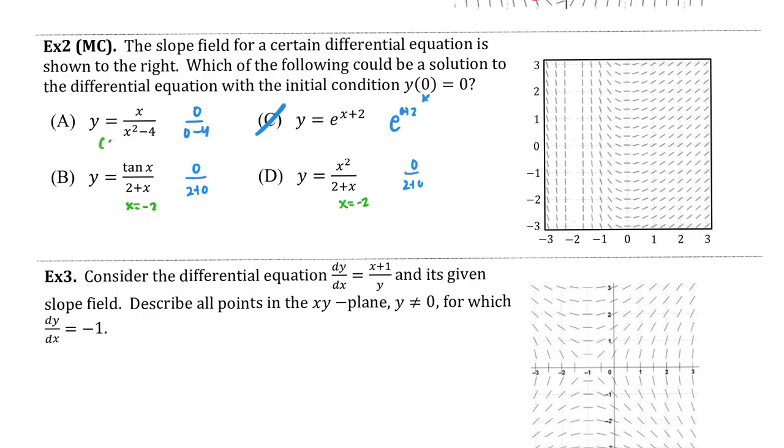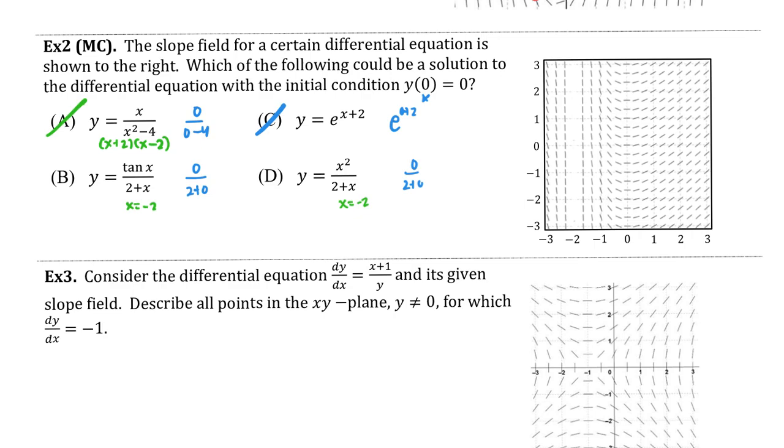For A, this is (x + 2)(x - 2). So there should be a vertical asymptote at x = -2, which makes sense, but also at x = 2, which doesn't make sense because this has a defined slope at x = 2. So I think A is out because I see an asymptote at x = -2, but not at x = 2.